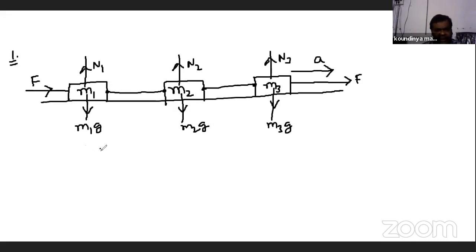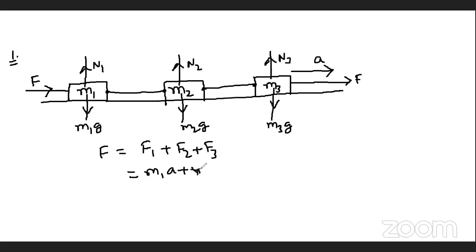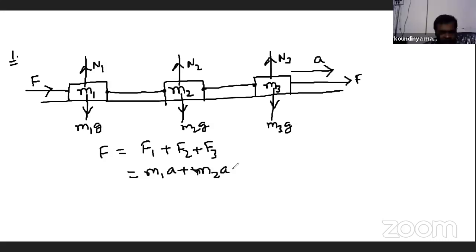We know that F is the total external force acting on the system. Here the system has three objects M1, M2, M3. So I can write it as F1 plus F2 plus F3, that is nothing but M1a plus M2a plus M3a, right?